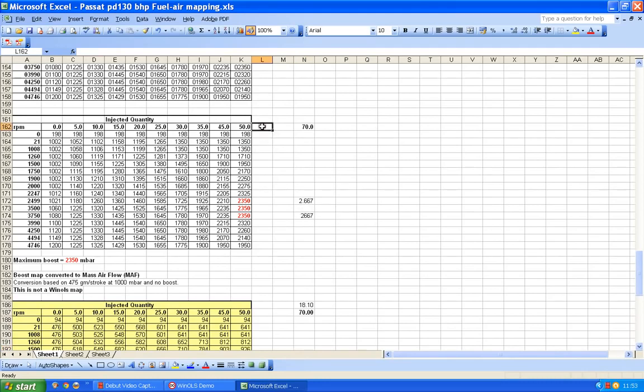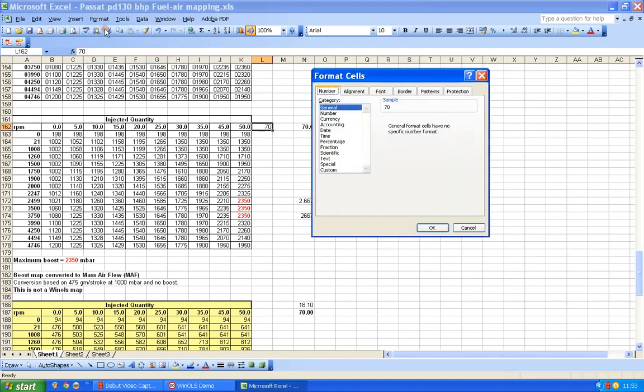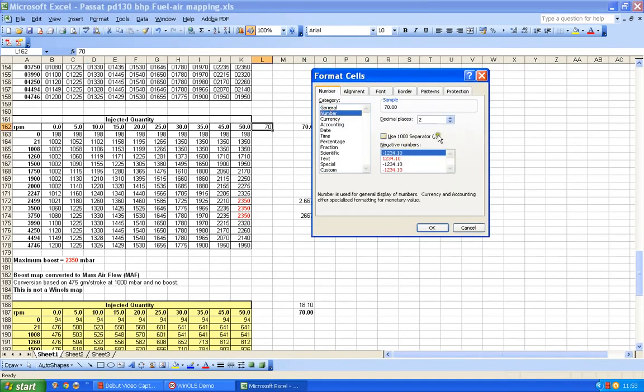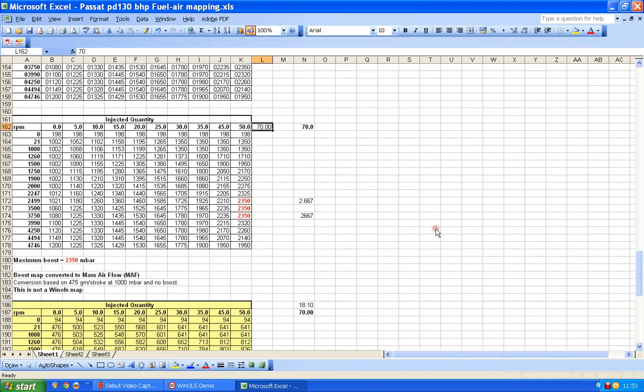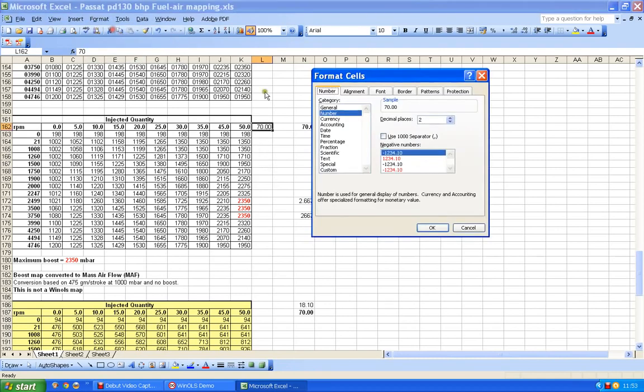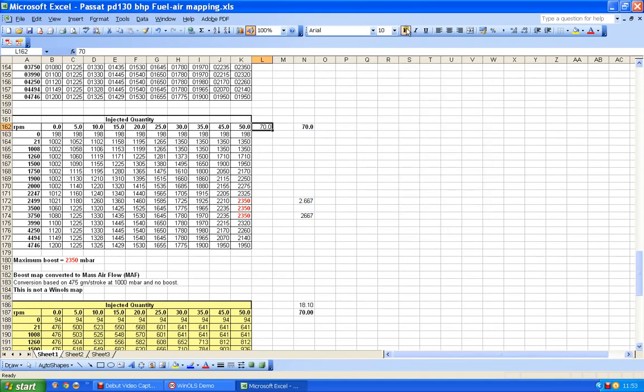So we want a column which has got a value of 70 in it. It would be nice if these all worked straight away, wouldn't it? But it's not going to. Just settle for that for now. I'll make it bold.